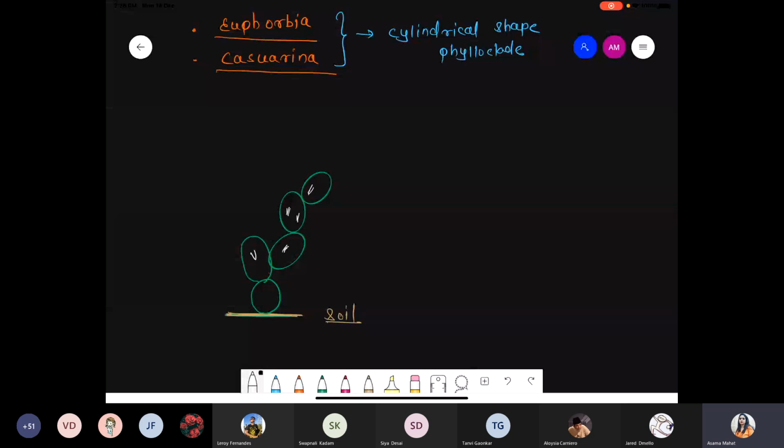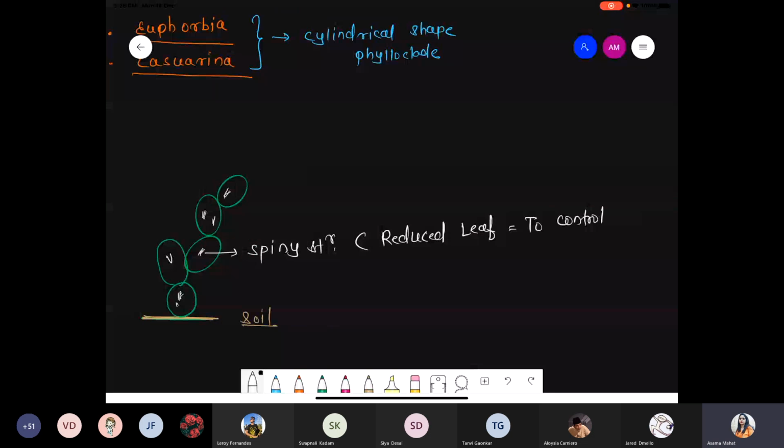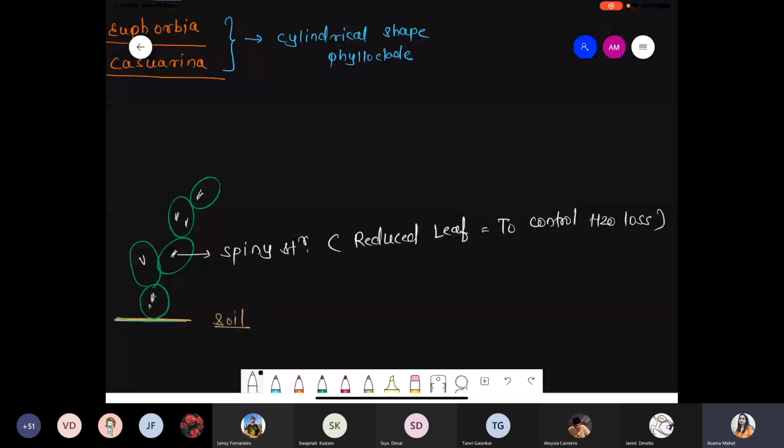This structure is called a spiny structure, and it is nothing but a reduced leaf. And why a reduced leaf? To control water loss. The leaf is converted into a spine.